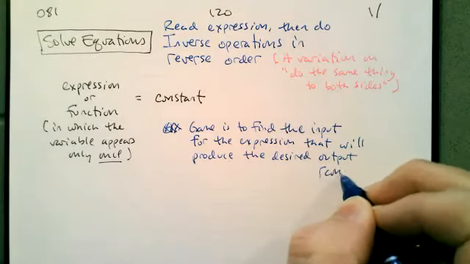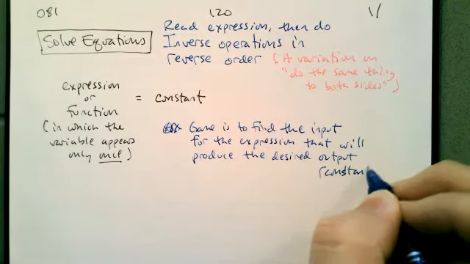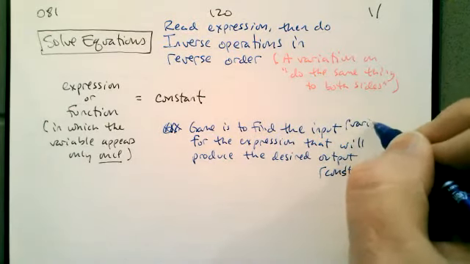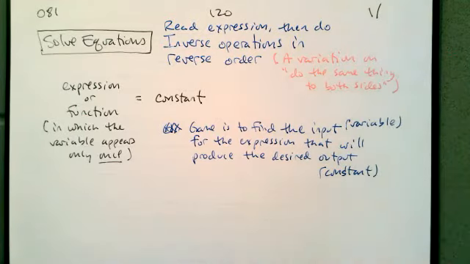And that output is going to be the constant. So the input is going to be the variable, and the output is going to be the constant. This is not a game that we're unfamiliar with.